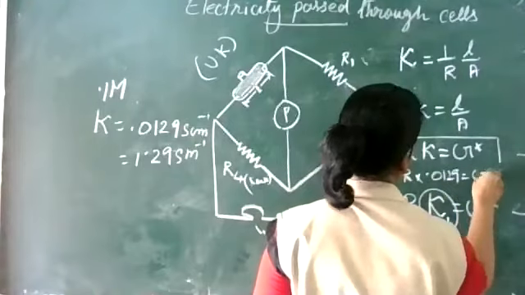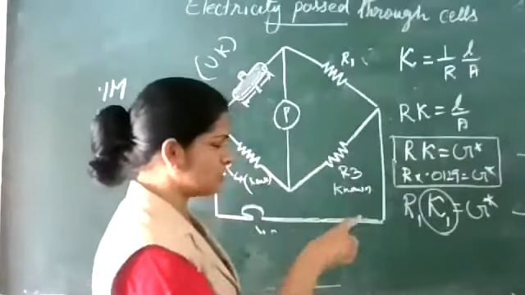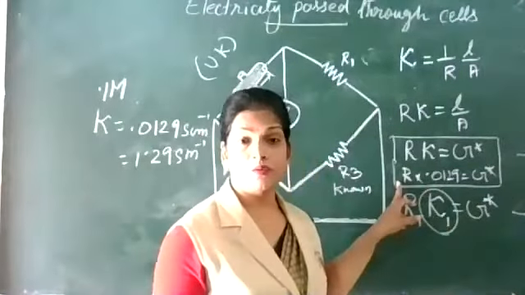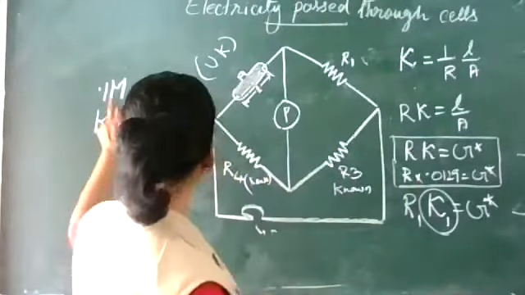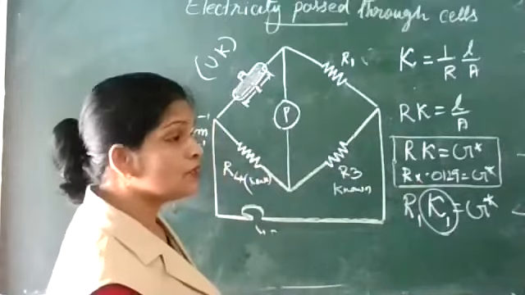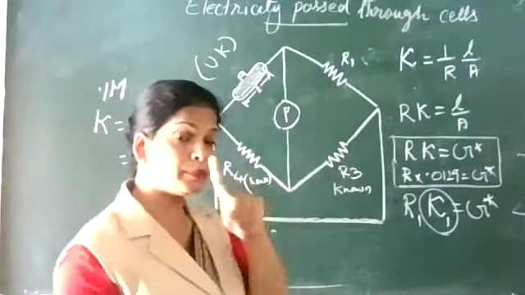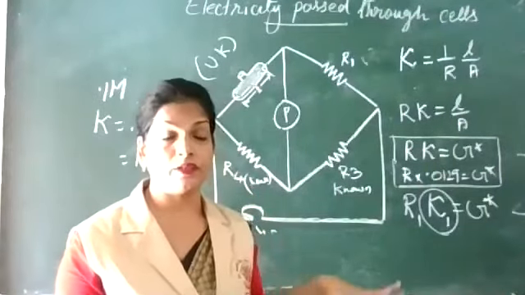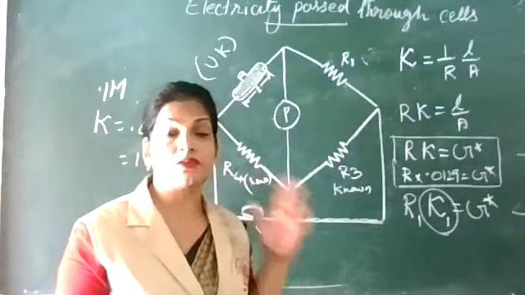0.0129 is equal to G star. The first equation is used to find out G star. To find G star, we need R. How will you find out R? You prepare the 0.1 molar solution. To prepare 1 molar solution, 74.5 grams of KCl is to be dissolved and the solution made up to 1 liter.